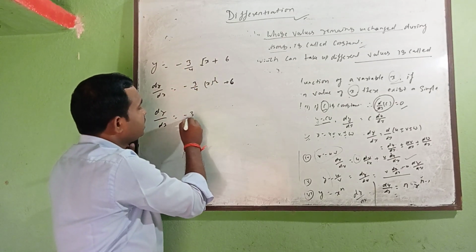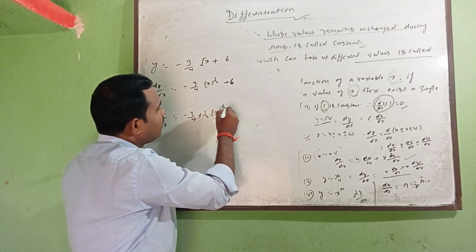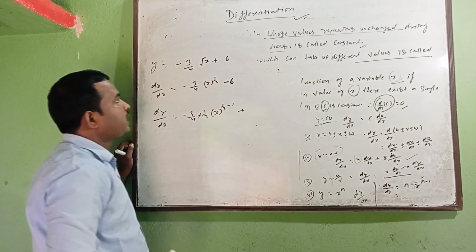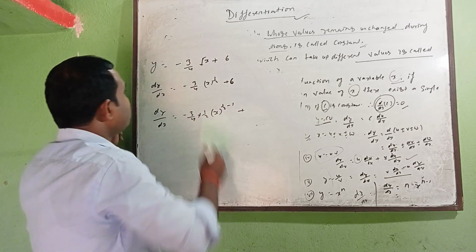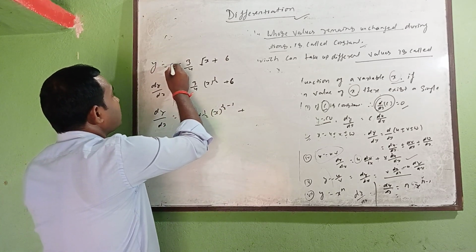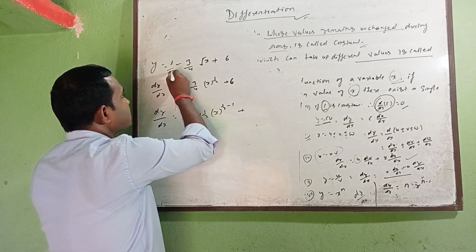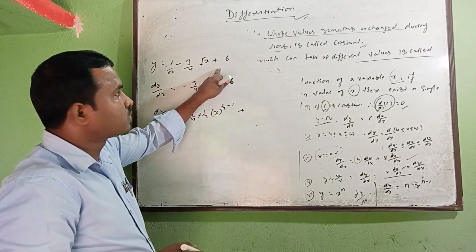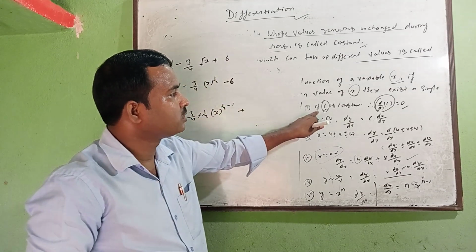So you will write minus 3 by 4 into 1 by 2 x to the power half minus 1 plus 6. Again you find the differentiation of the constant, so here will be 0. Because you are finding dy by dx, you write d by dx separately for this one also, according to the first questions.